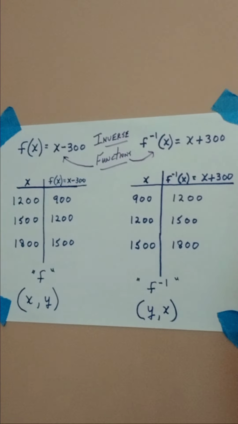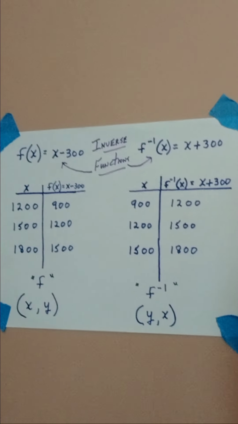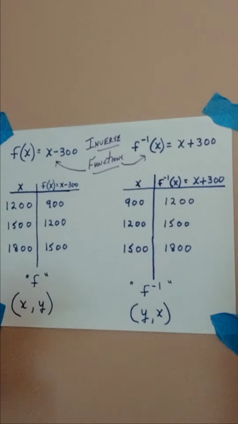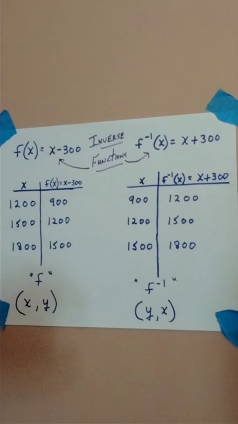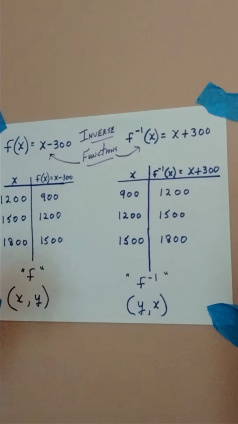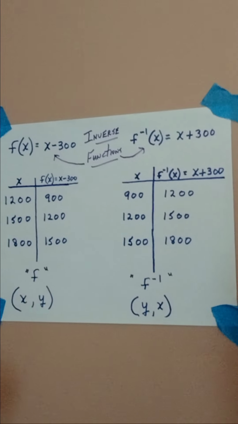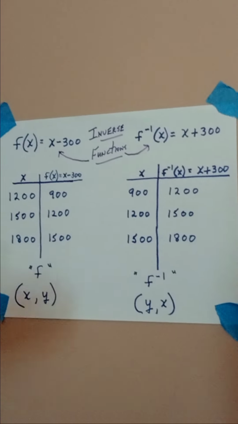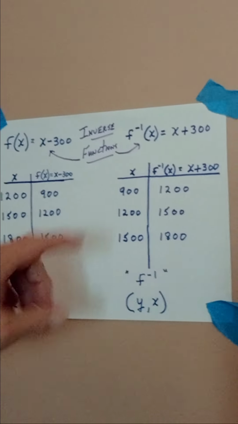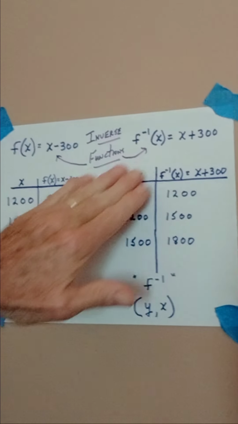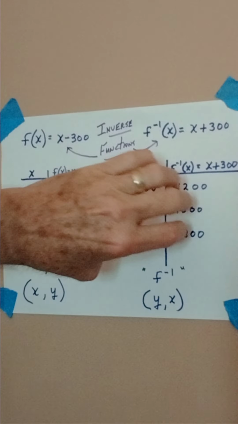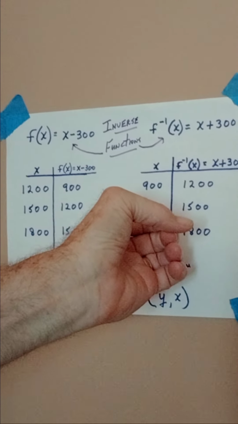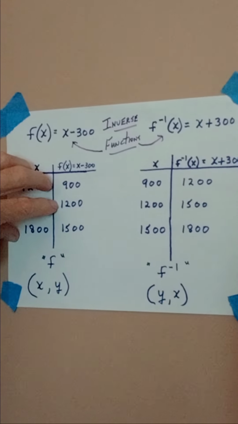Look at the ordered pairs for the inverse of f. The values have been reversed. And you see, reversing and inversing have a connection. The values for the inverse of f have been reversed from function f.